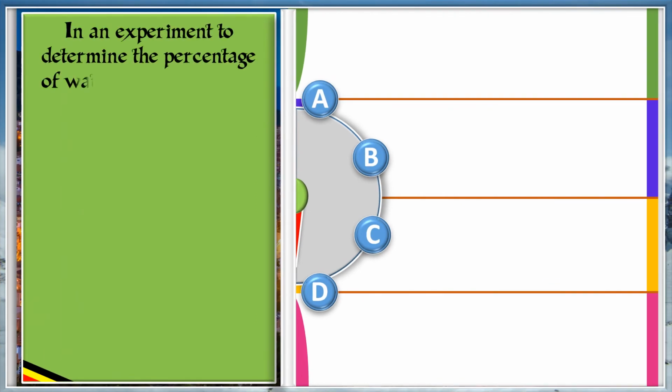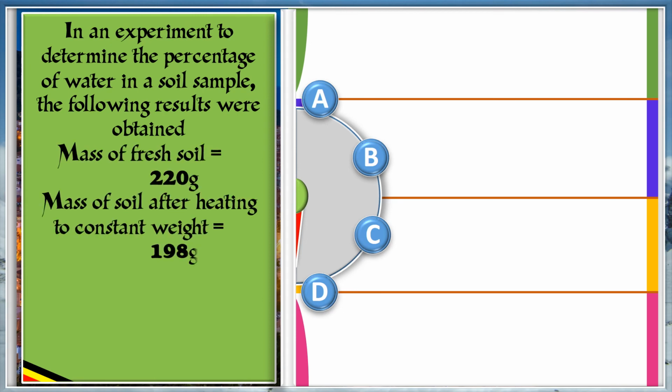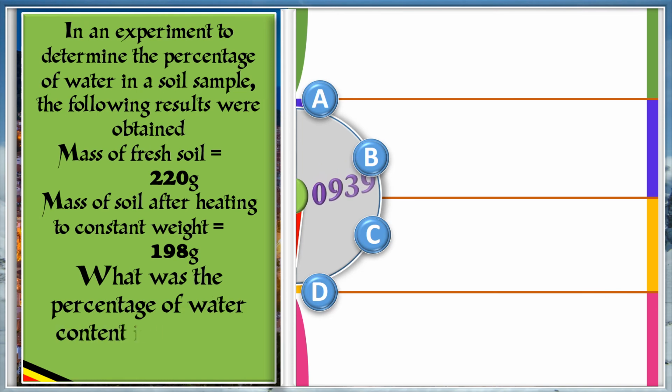In an experiment to determine the percentage of water in a soil sample, the following results were obtained. Mass of fresh soil equals 220 grams. Mass of soil after heating to constant weight equals 198 grams. What was the percentage of water content in the soil?